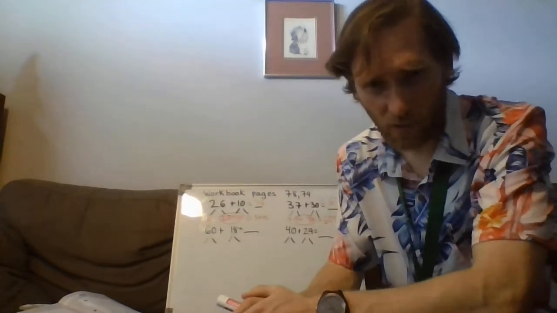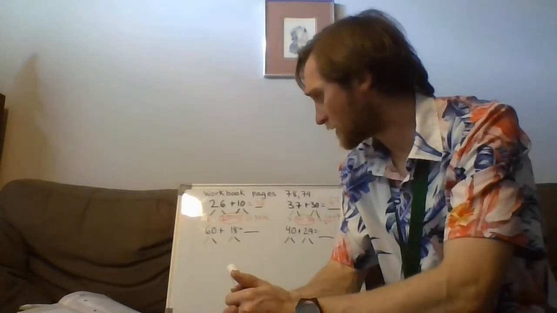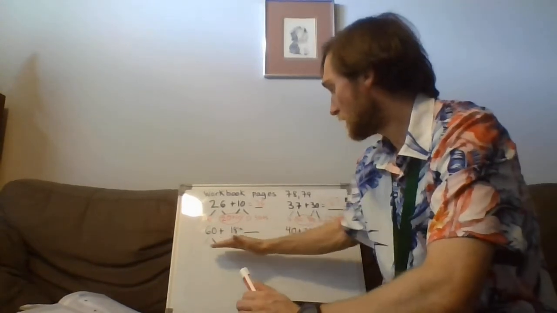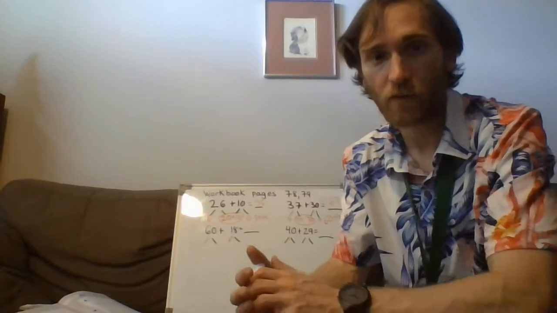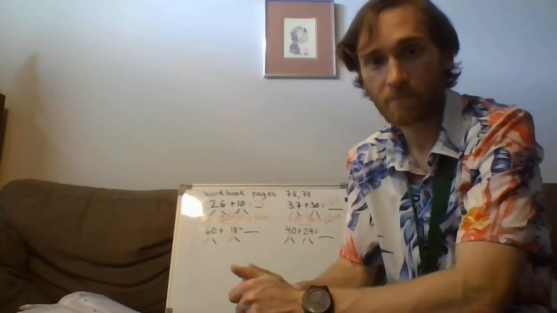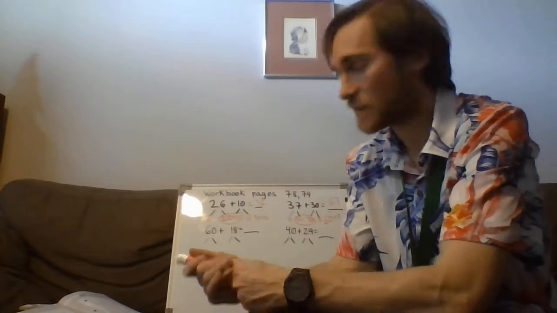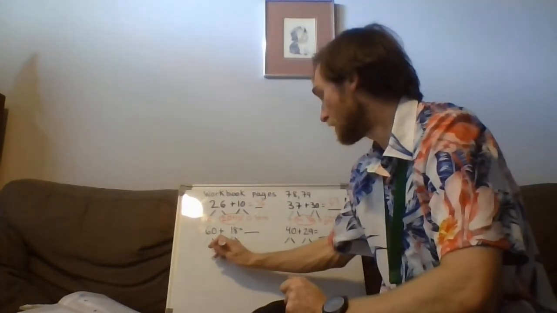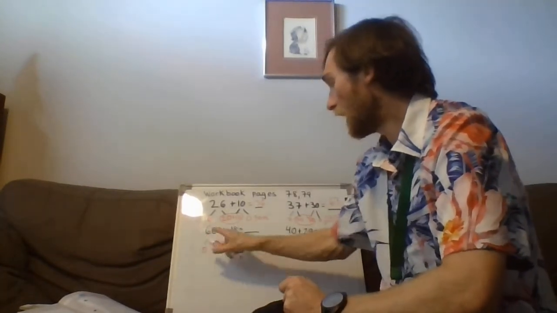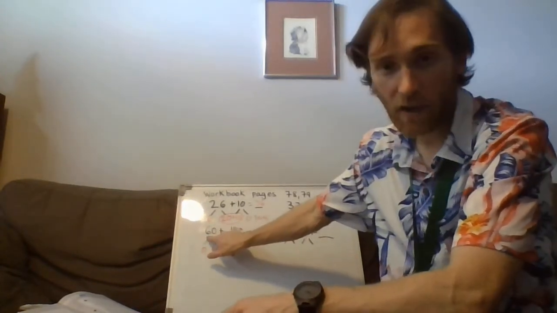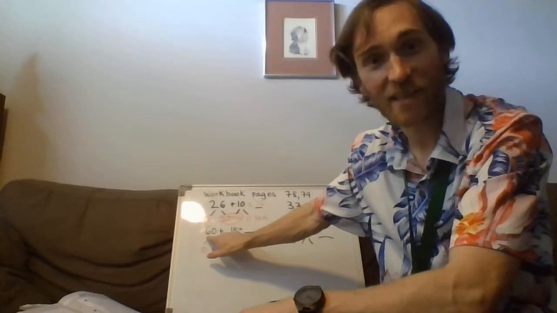The next problem is 60 plus 18. I'm going to want my friends to break apart both 60 and 18, and then we'll solve it from there. Pause. All right, welcome back, friends. 60 is 60 and 0. I know that it's 60 because I see that there's a 6 in the 10 spot. 6 tens equals 60.